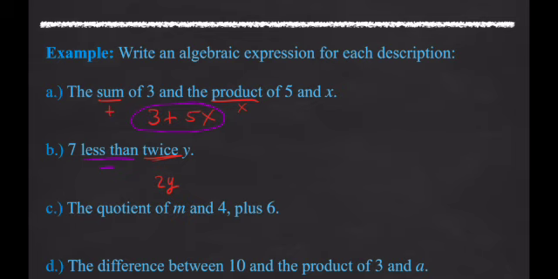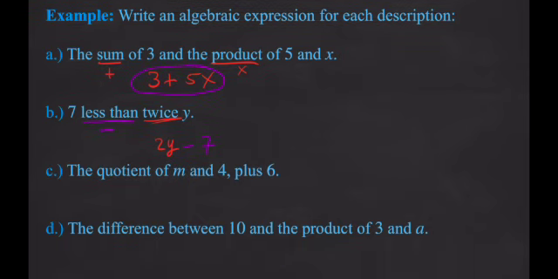So 7 less than this other object. So are we saying that we are going 7 minus 2y, or are we trying to say 2y minus 7? We're trying to say it's 2y minus 7 because we are taking 7 away from this other object. 7 less, we're taking that away from another element.